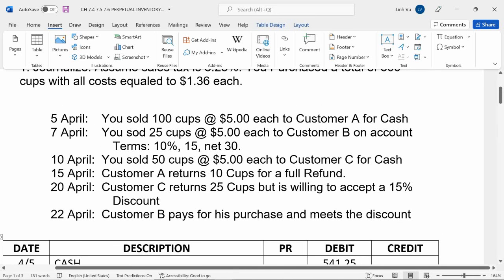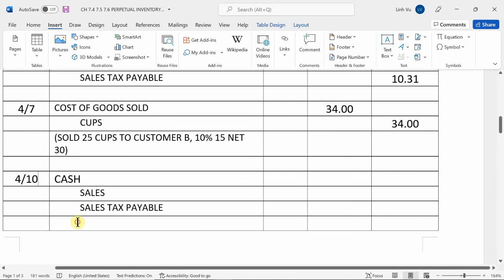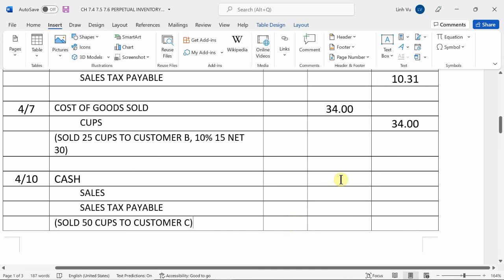So you sold 50 cups for $5 each to customer C for cash. So in this case, I would highly recommend, because you're separating your transactions on two separate pages, that I recognize that I sold 50 cups to customer C. Okay. Do you need to have your selling price?